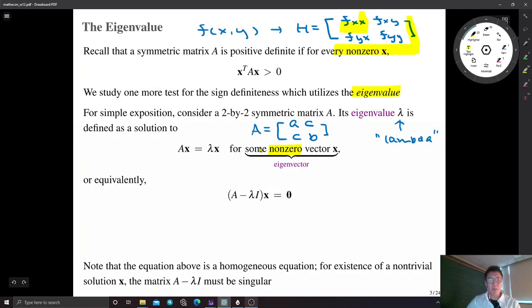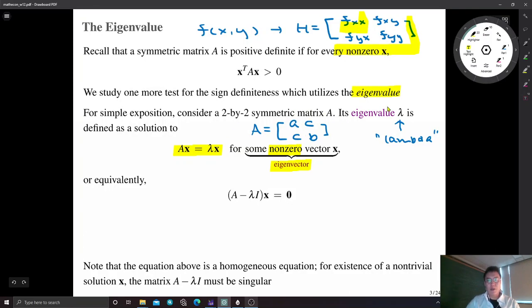This non-zero vector is called the eigenvector. The eigenvector always accompanies the eigenvalue, in the sense that we can find one eigenvector corresponding to an eigenvalue, and vice versa. We can find one eigenvalue corresponding to one eigenvector, so they are companions of each other, and both of them characterize this equation.